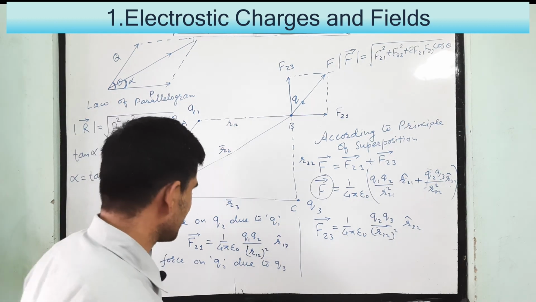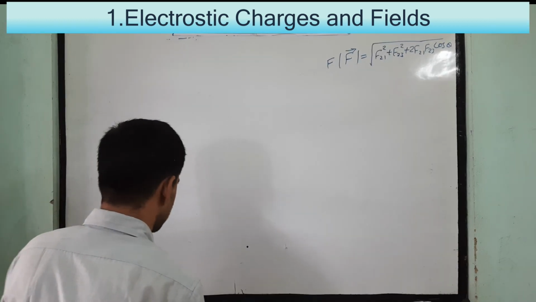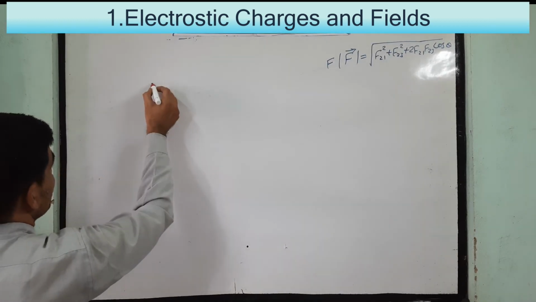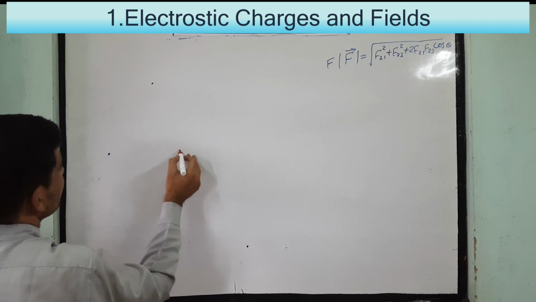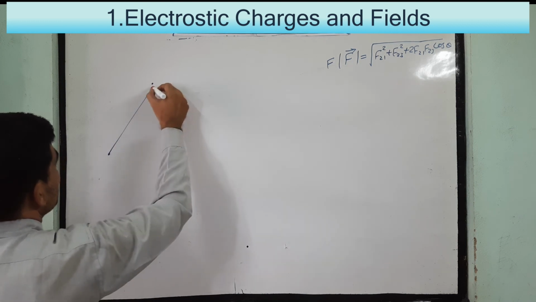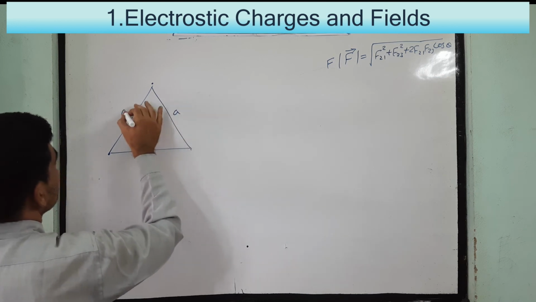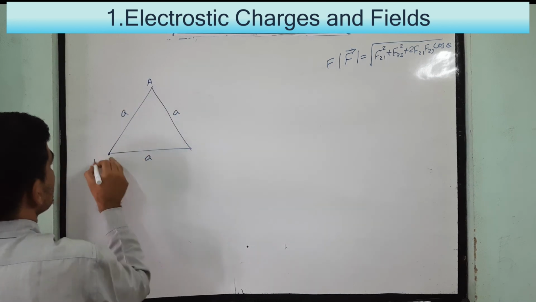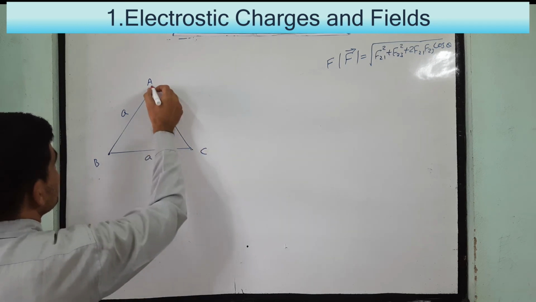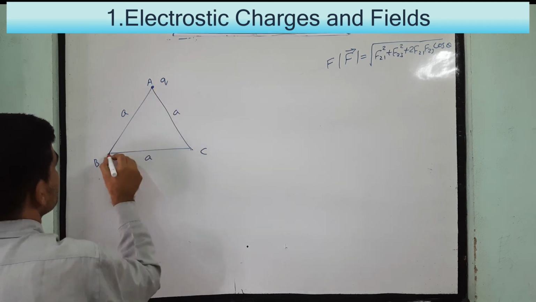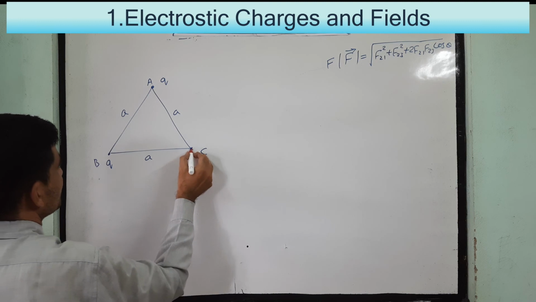So we shall take one example. Three point charges are kept at the vertices of an equilateral triangle of side a, with vertices A, B, C. The three point charges are all of equal magnitude q.